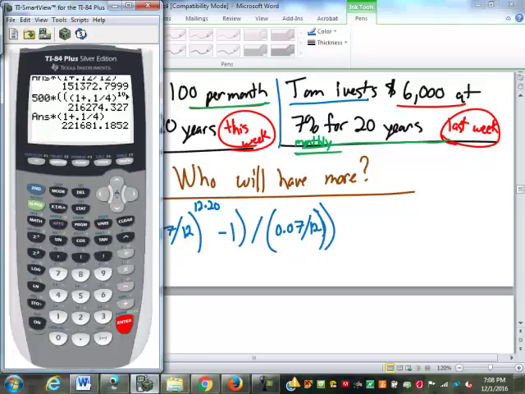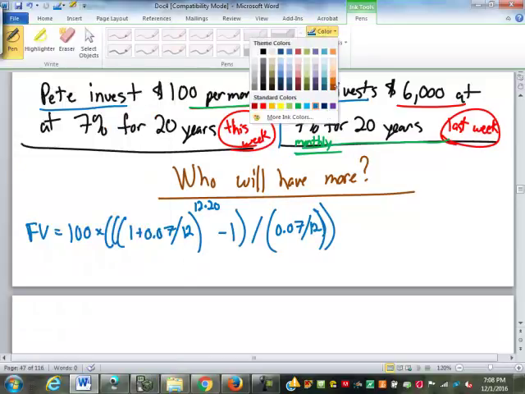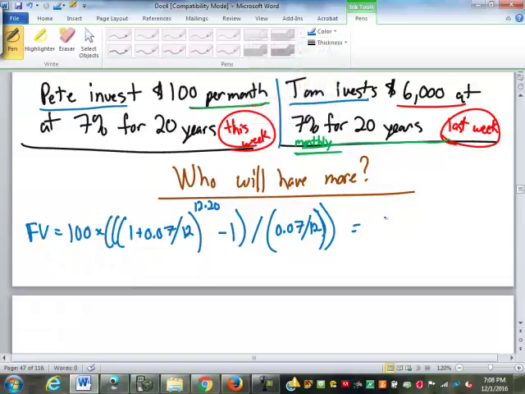What's that come out to be? So 52,092.67. Does everybody else come up with that? Perfect.